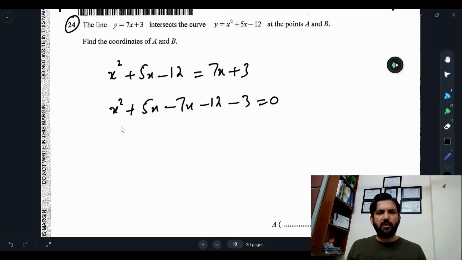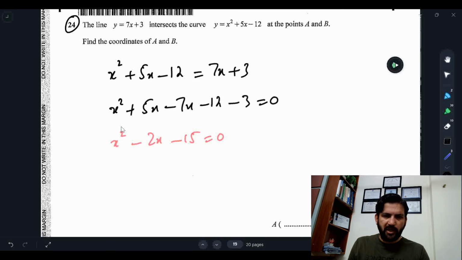Now from here onwards we can use the middle term breaking. So how can we use the middle term breaking? This should be x square minus 5x plus 3x minus 15 is equal to 0. So take x as common, so x minus 5, plus 3 as common, so x minus 5. So finally we can say that we will have two values of x.